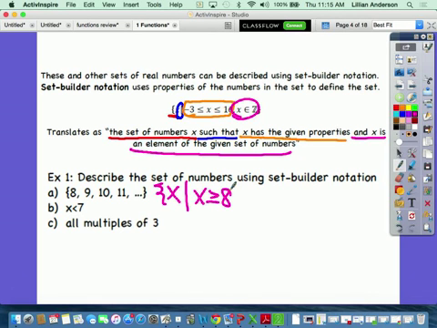Now we need to have our given set of numbers. And this kind of tells you something. You can figure out what numbers come after this, right? 12, 13, 14, 15, 16. All of those are examples of what types of numbers? Natural numbers. Not rational.